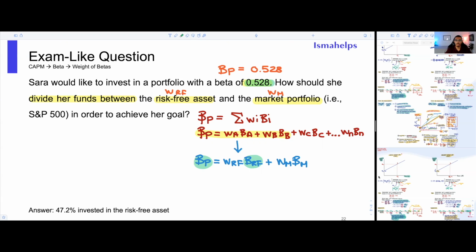So we understand that. We already know that. And then, of course, we know what the beta of the market portfolio is. Once again, beta measures to what extent one asset's variance contributes to the variance of the market. In other words, if we're looking at the beta of the market portfolio, we're literally assessing to what extent the variance of the market portfolio contributes to the variance of the market portfolio.